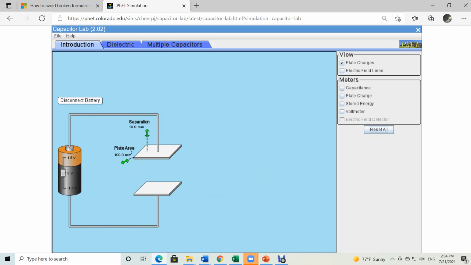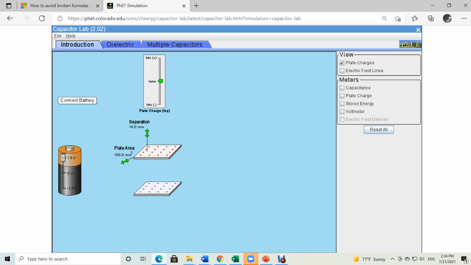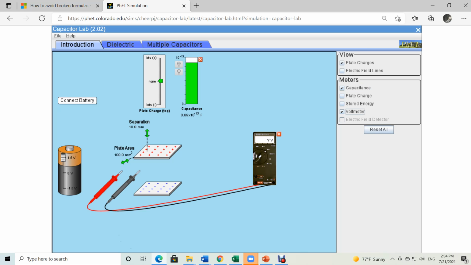Okay, so again, if you missed anything, put 1.5 volts here to charge the capacitor. We can disconnect the battery. Okay, so we do have some charge. You can see that this dial is a little bit more right up on the top. Put the capacitance in there, put the voltmeter there.